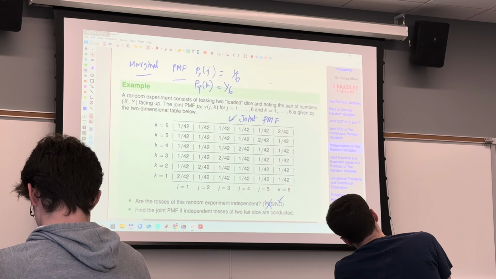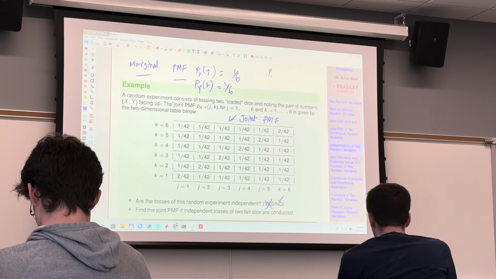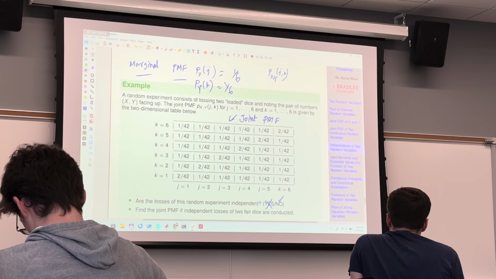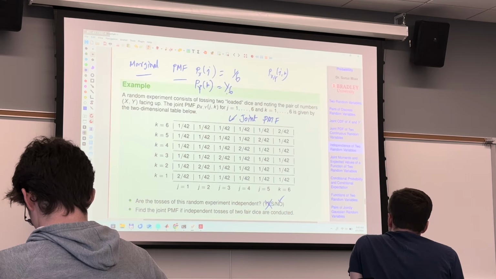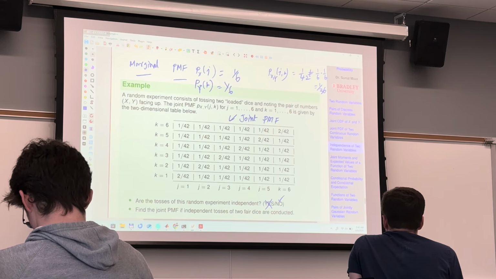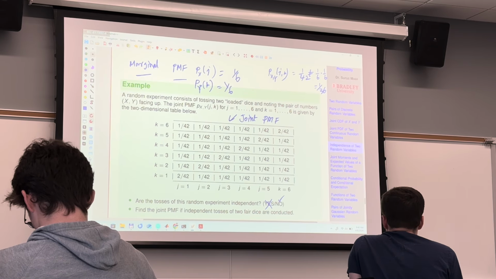Now, the joint PMF of random variables x, y taking value j, k, for j not equal k, is 1 over 42, which is not equal to 1 over 6 times 1 over 6, which is 1 over 36. This is not the case. You see that? So that is the reason the equation is not satisfied, and that is the reason the answer is no.